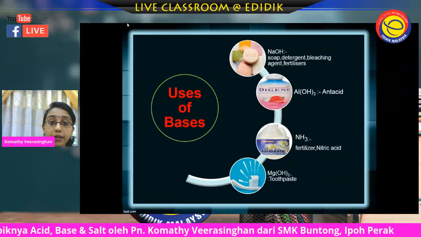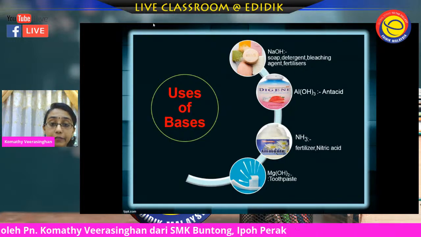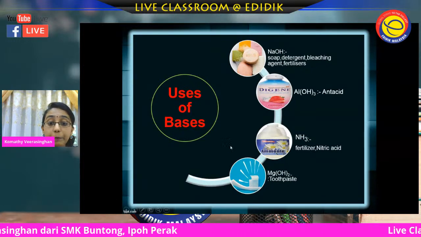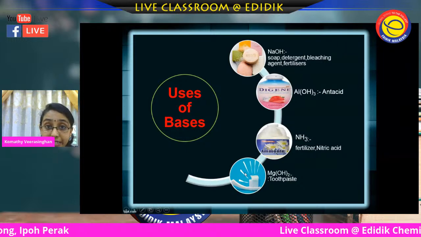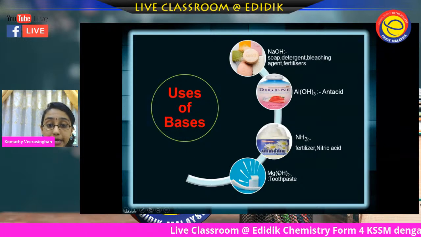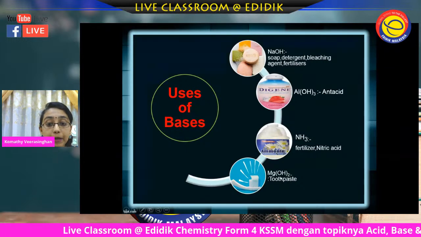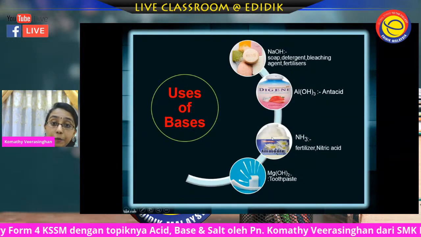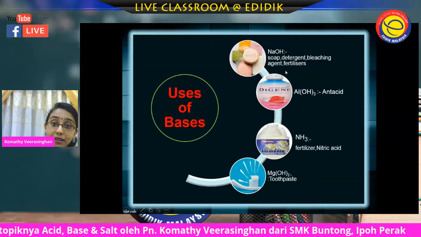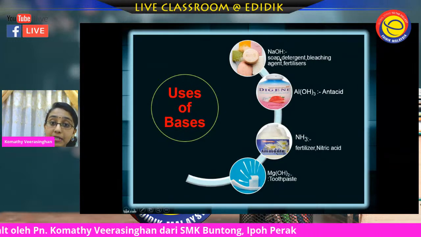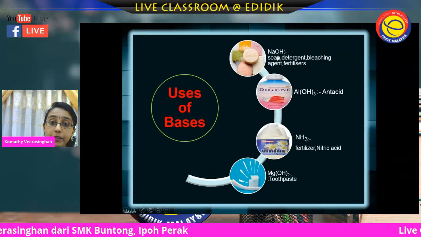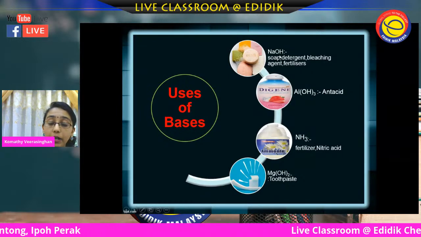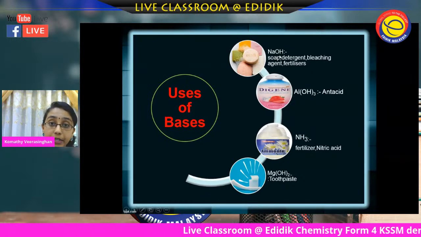Soap. So, for your information, the toothpaste that you use to brush your teeth contains a base known as magnesium hydroxide. And the soap that you use to take a bath is made up of a base also, which is sodium hydroxide, or there is also potassium soap you can use.